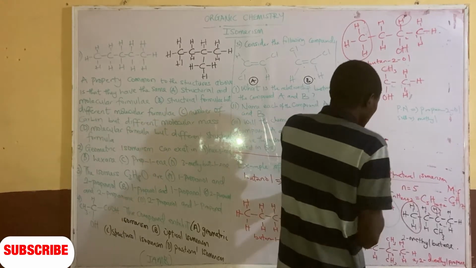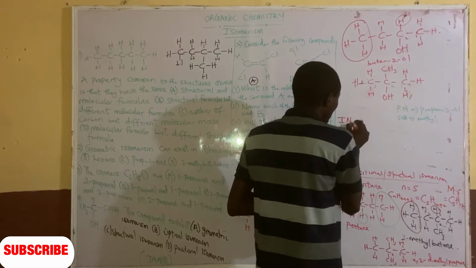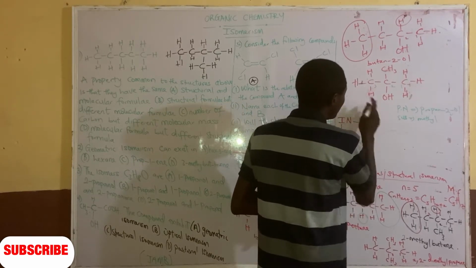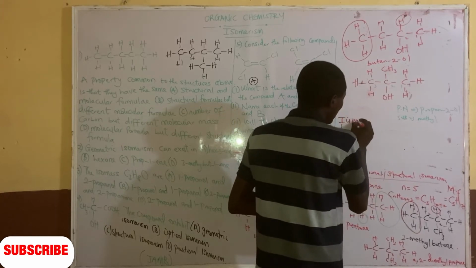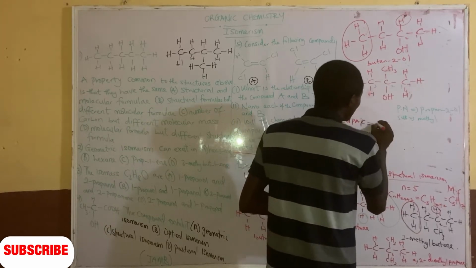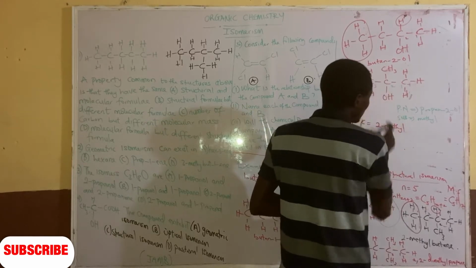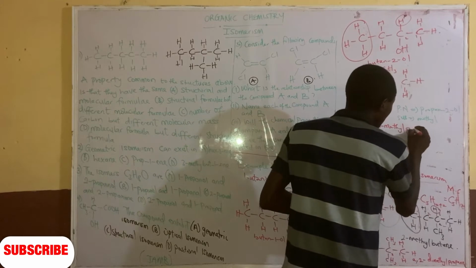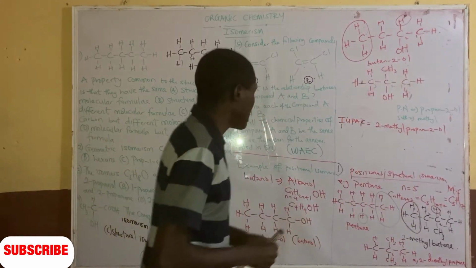So the IUPAC name will be 2-methylpropan-2-ol. This is another way of writing butanol.